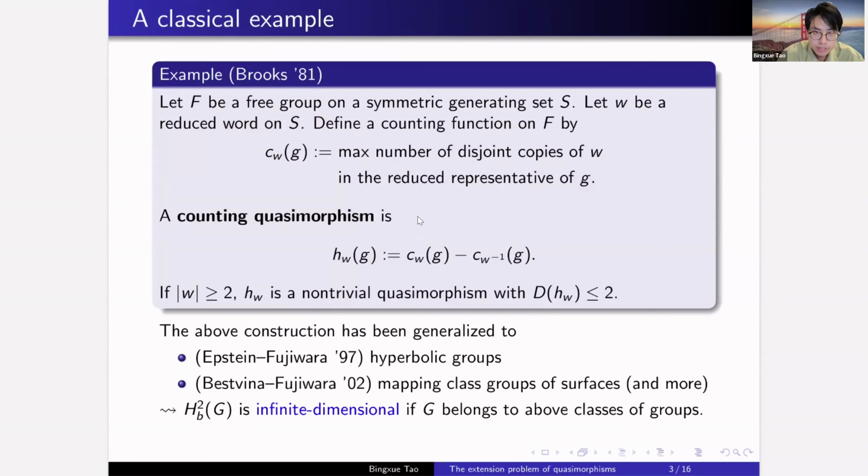So as I said, if you find one counting quasimorphism on the free group, then there are many. There are many counting quasimorphisms on free groups, also on hyperbolic groups and mapping class groups. So the second bounded cohomology is infinite dimensional.